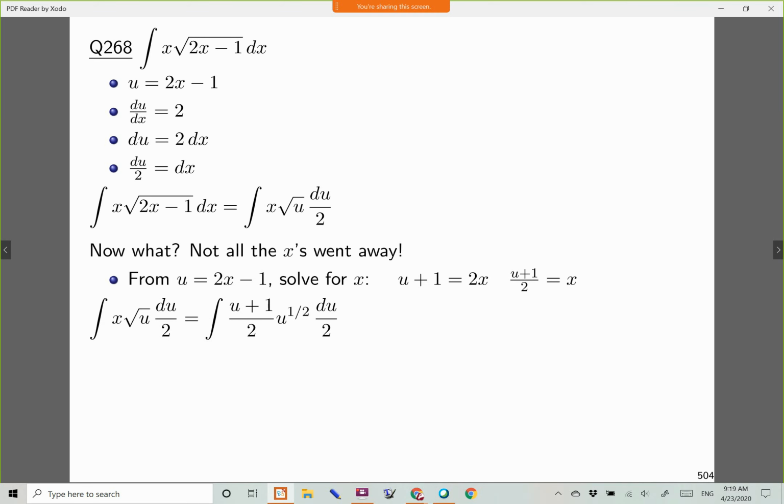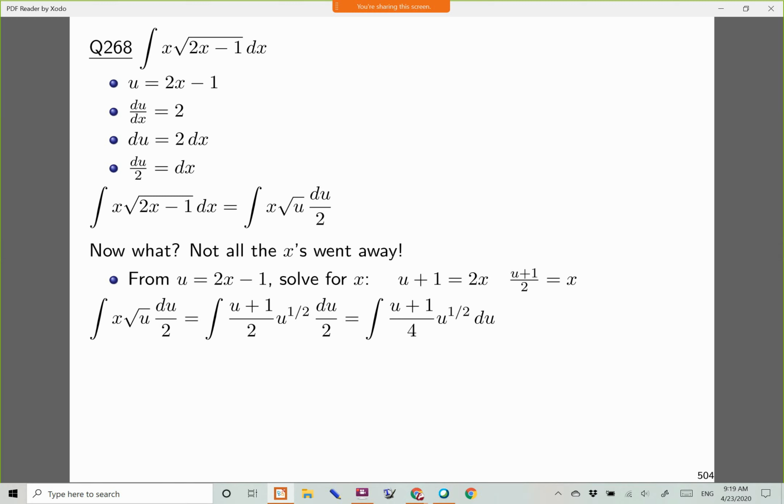All these things are multiplied. You've got a u plus 1, and then you have a u to the 1 half. There's lots of multiplication other than this plus sign here. And the point is there's a 2 and a 2 in a denominator. You can multiply those together and have a 4 in a denominator instead. I also, instead of having the du in the numerator of a fraction, just stuck the du off to the side.